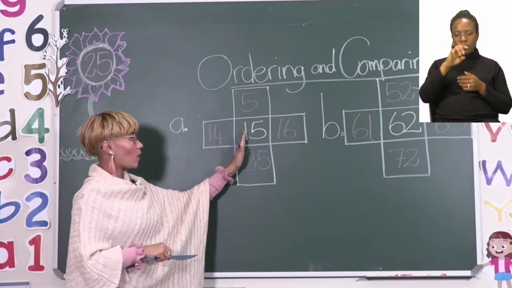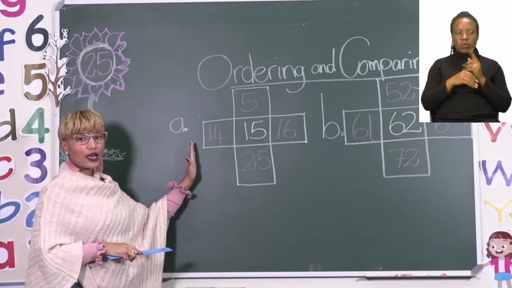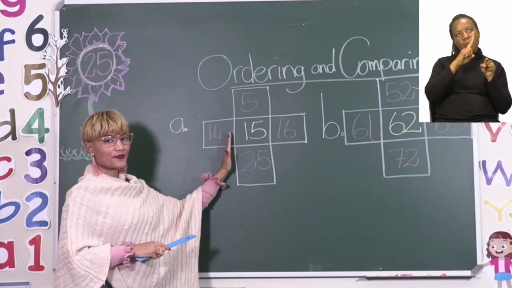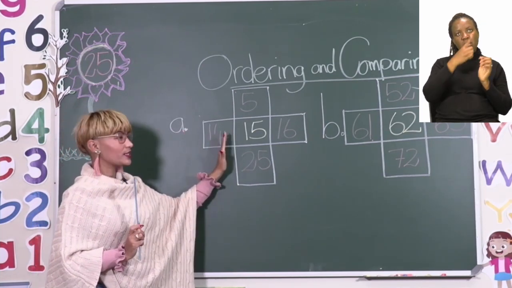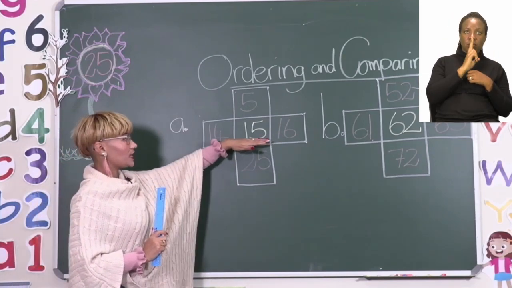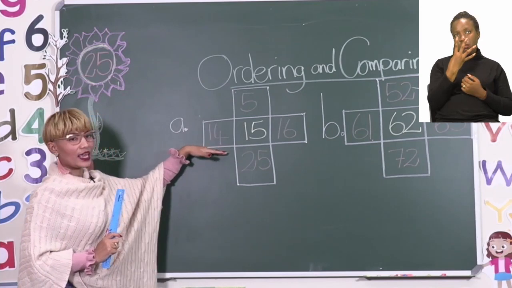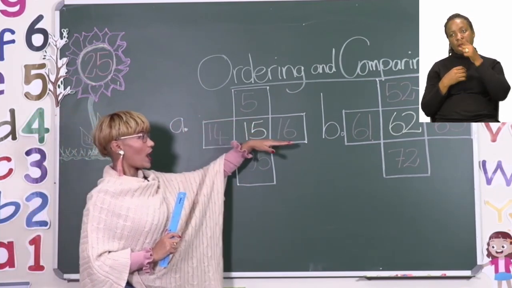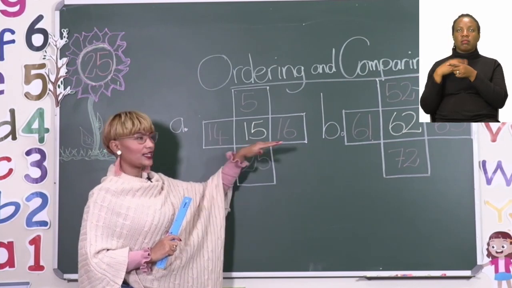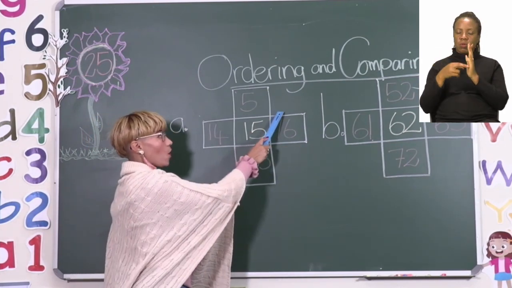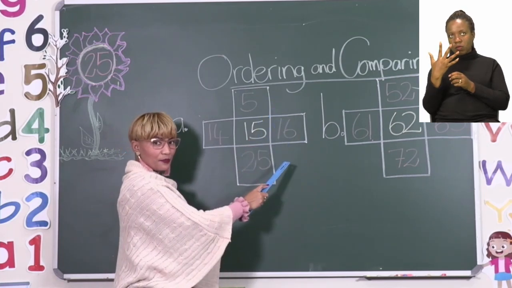Then we look to the block on the left. The block on the left said 1 less. What did we say earlier? If we say less, it means we minus. So 15 minus 1 is 14. And the block to your right is 16, which means 15 more means plus.